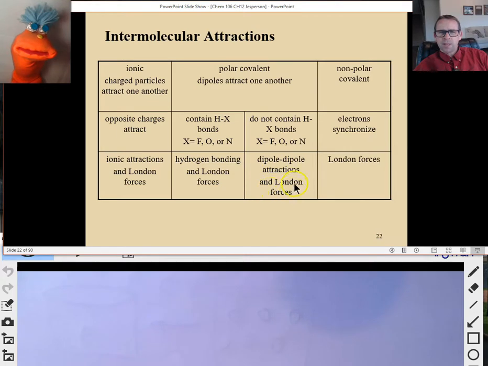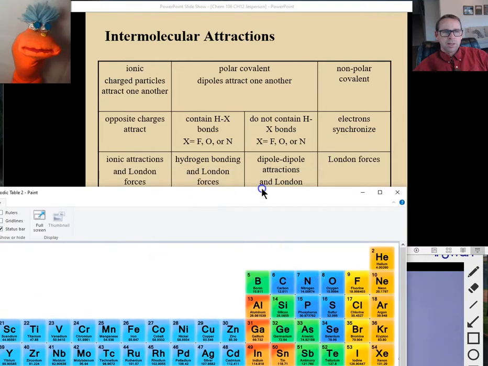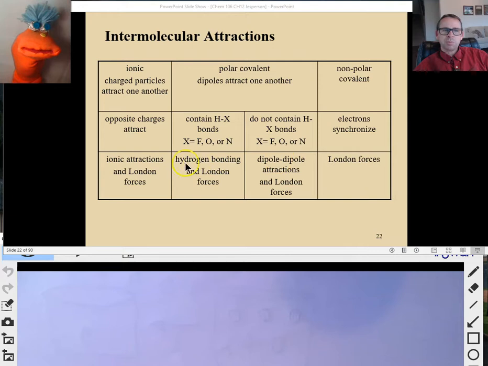We don't want to forget that just because there are dipole-dipole interactions, it doesn't mean that London forces don't exist. And you'll see changes in physical properties, boiling point, melting point, its state at a given temperature, simply from a contribution of London forces or dispersion forces. If you have a hydrogen bound to one of the big three electronegative atoms, nitrogen, oxygen, or fluorine, then your dipole-dipoles are called hydrogen bonding, which are stronger dipole-dipole interactions.